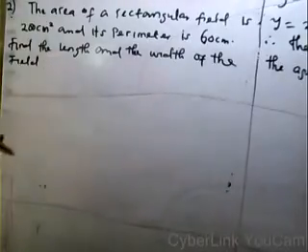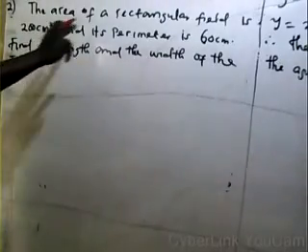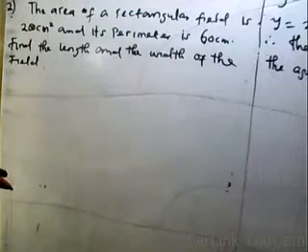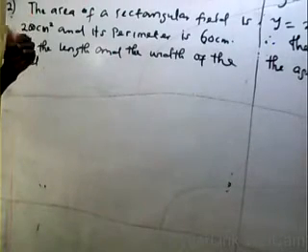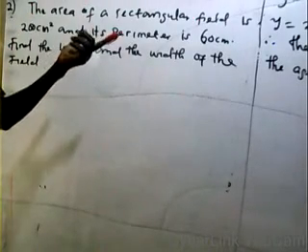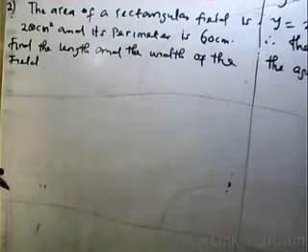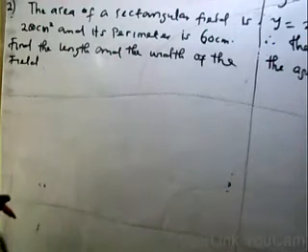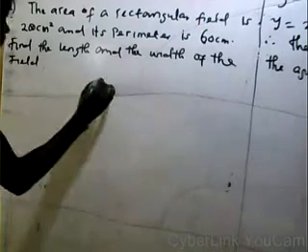Now, number 2. The area of a rectangular field is 200 centimeter square and its perimeter is 60. Find the length and the width of the field. Solution.